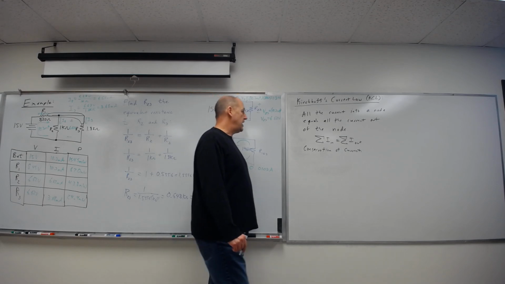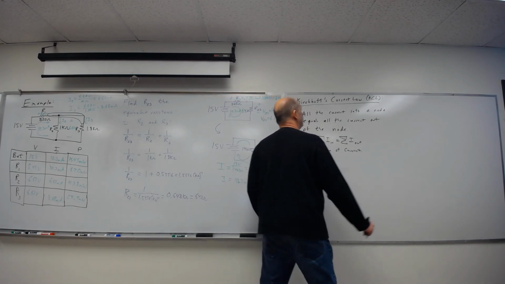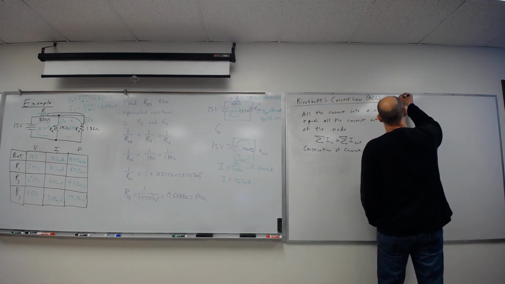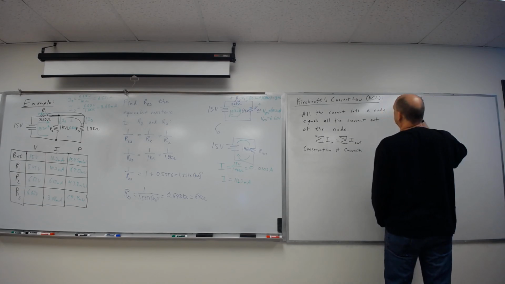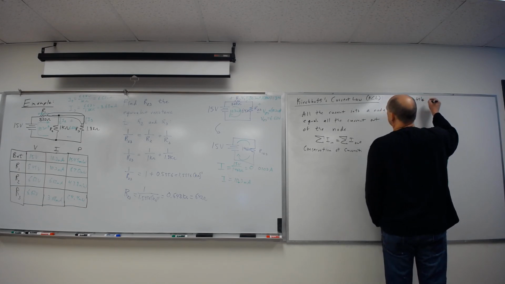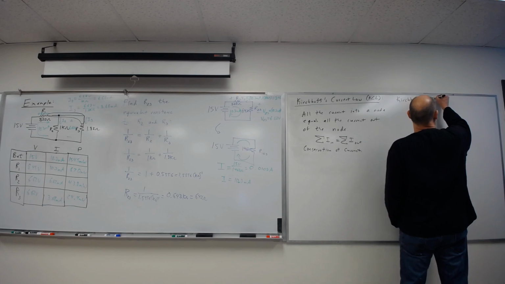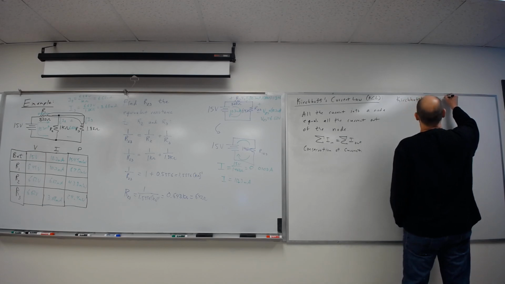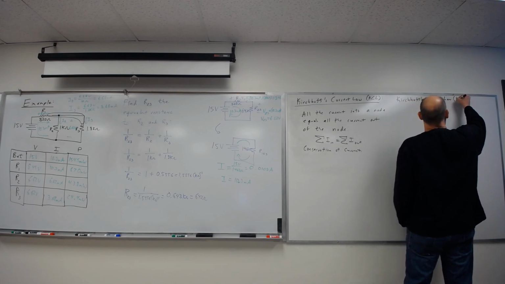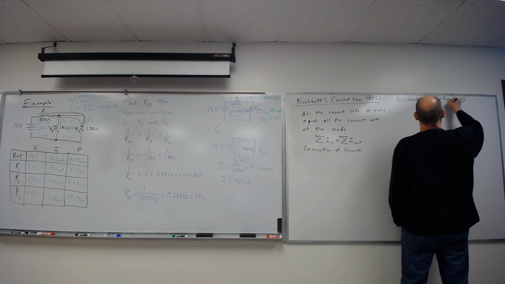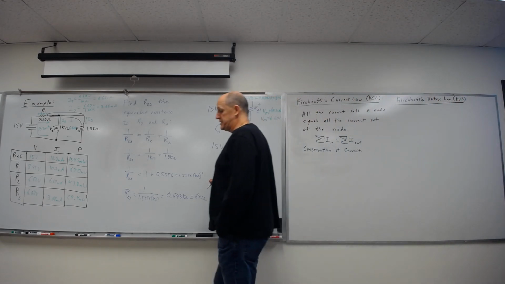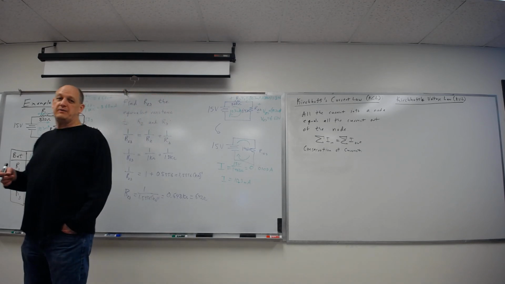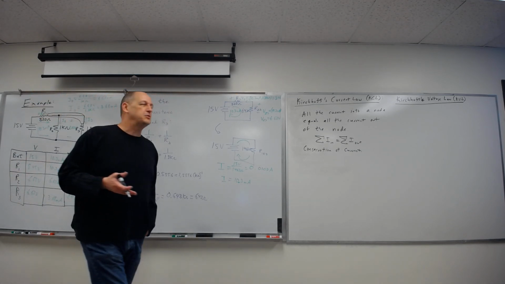Now I've also got another one. It's called Kirchhoff's voltage law, which is KVL. And it's what we've used in series circuits already. I don't think we've named it. We may have named it last semester at some point.